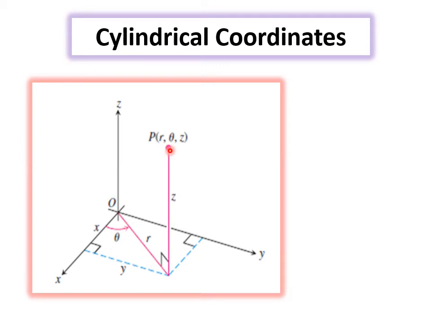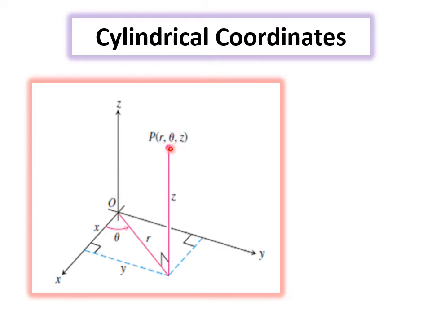So you are able to reach your point (x, y, z). In cylindrical coordinates, the same point can be located in terms of the radial distance r, the angle theta and the height z. How to find the transformation from xyz to r theta z we will see now.